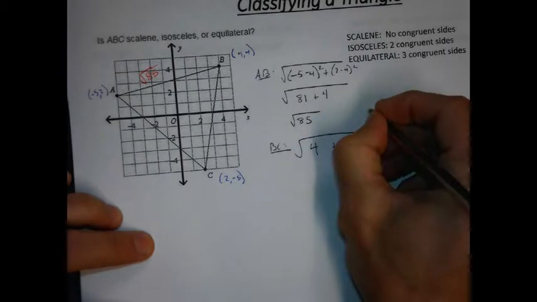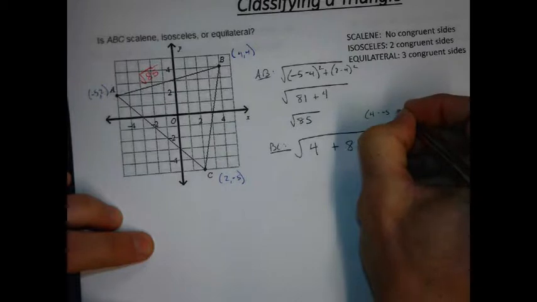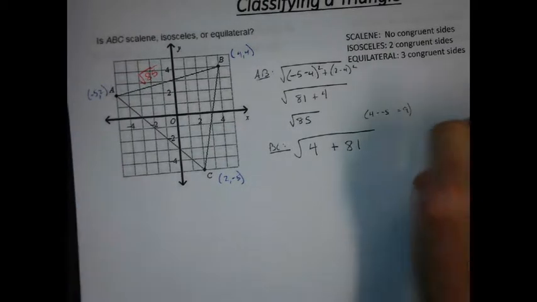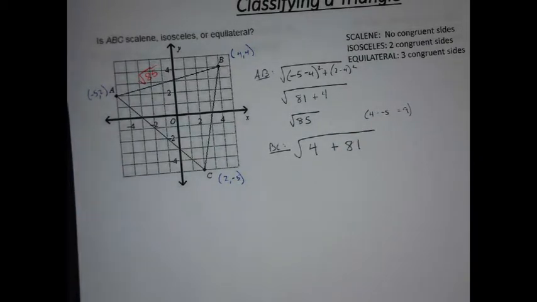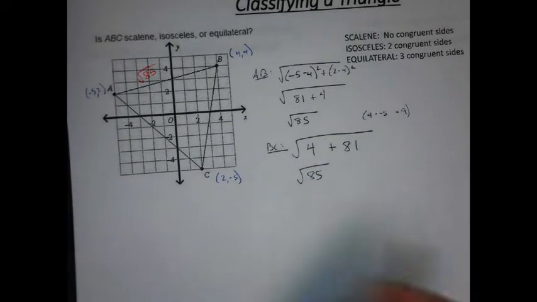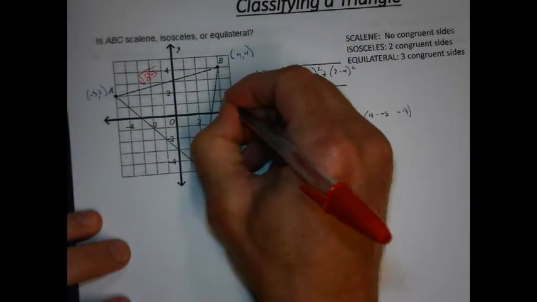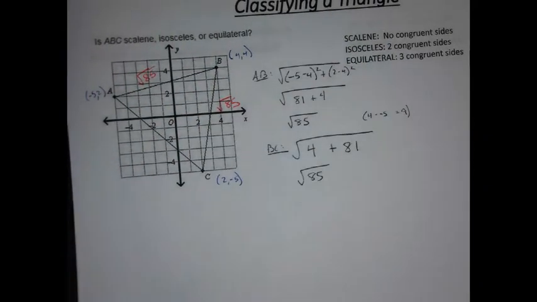Make sure you don't make those simple mistakes. So here again, we have the square root of 85. From B to C is also the square root of 85. So there goes scalene out the door.